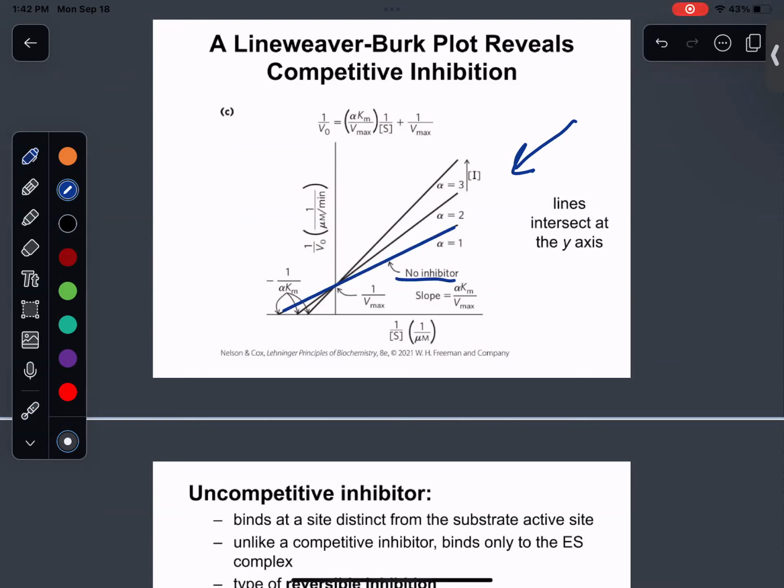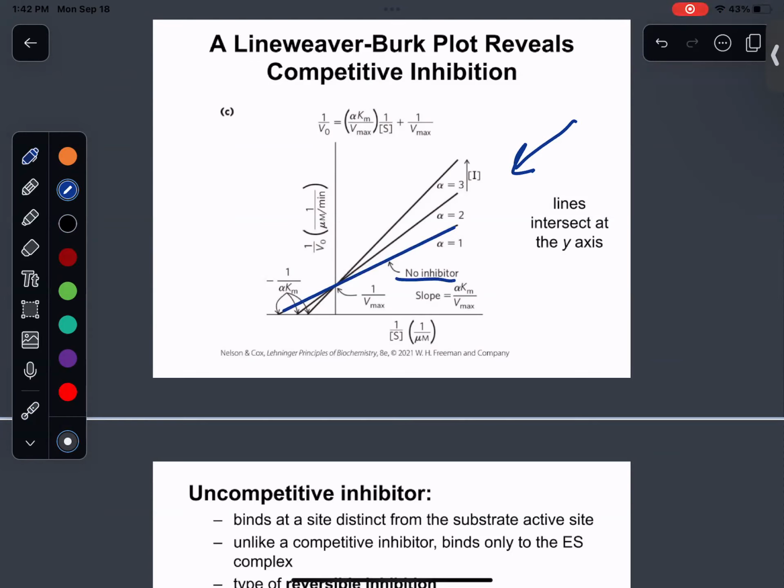Thank you, Tanishka. Yes, 1 over V max. So if these values are intersecting at the exact same point on the y-axis, that intuitively tells us that the 1 over V max values are exactly the same as well, right? For all three scenarios, or all three lines, have the same 1 over V max value. And thus, logic would dictate, right?